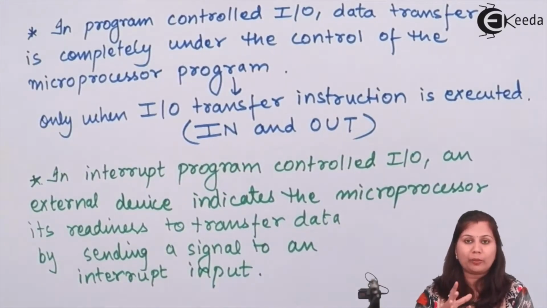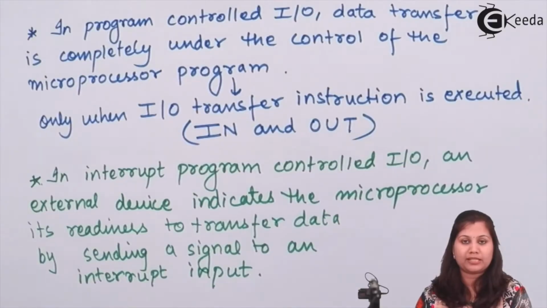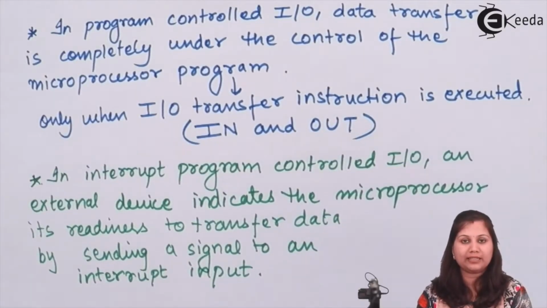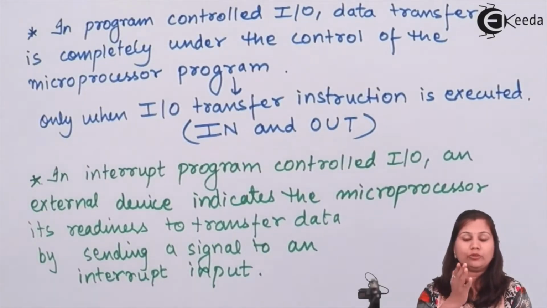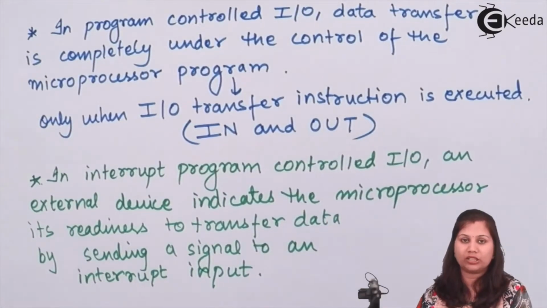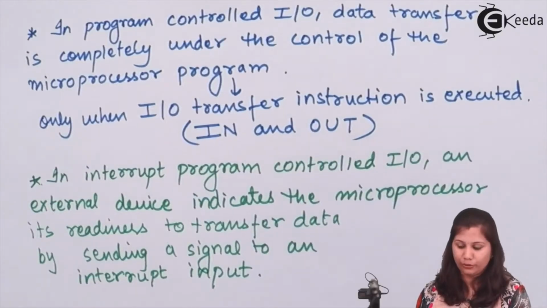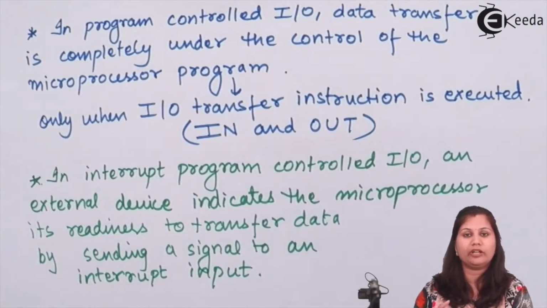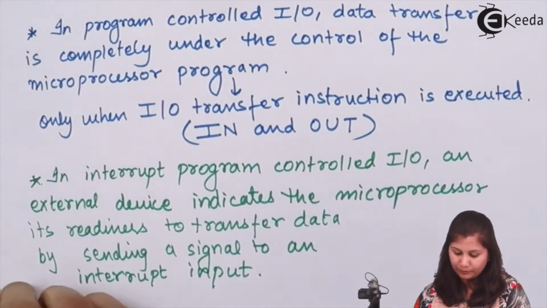So an interrupt request will be given to the microprocessor. The microprocessor will send an acknowledgement signal that it is ready for the data transfer. It is going to jump to the memory location where the interrupt service routine is written, and then it is going to execute that service routine. So in the form of an interrupt, the request is given to the microprocessor for the data transfer.